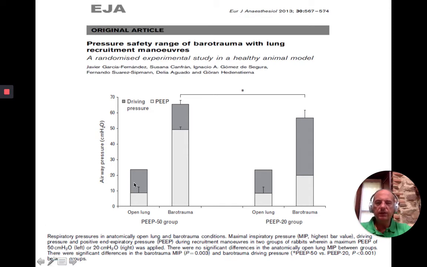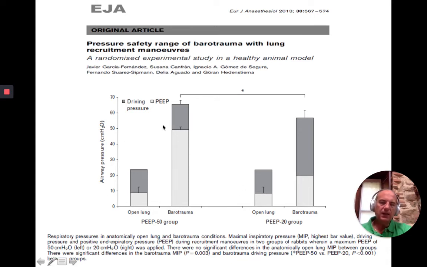In this research, I compared two ways to create pneumothorax, obviously in rabbits. In one group, we reached a PEEP of 20, then stopped, and then increased driving pressure until we broke the lungs. In the other group, we kept the driving pressure constant and increased the PEEP and the plateau pressure at the same time until we broke the lungs.